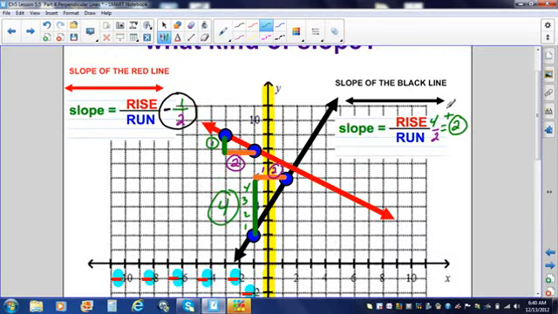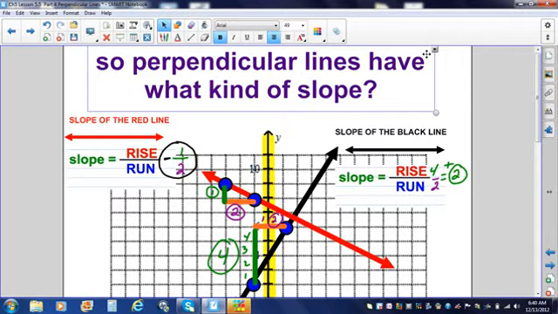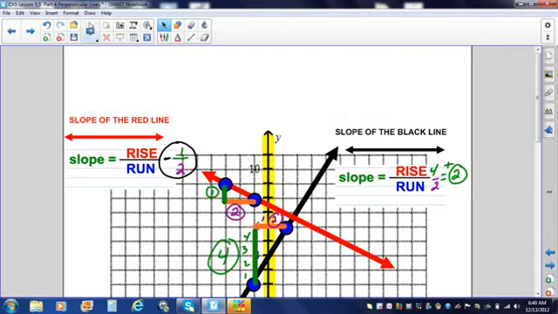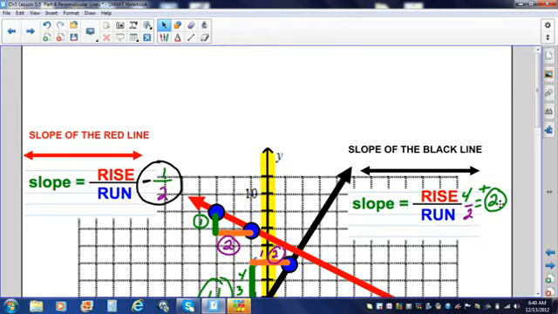If they are reciprocals of each other, let me get rid of this so I have some more writing space. This slope was 2. I can make 2 a fraction by giving it a denominator of 1.